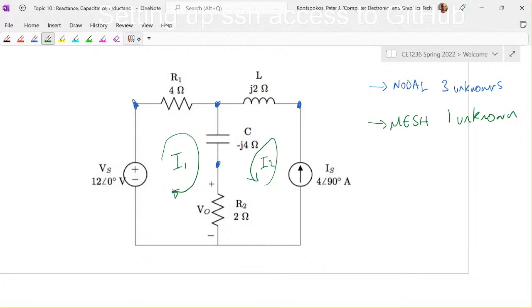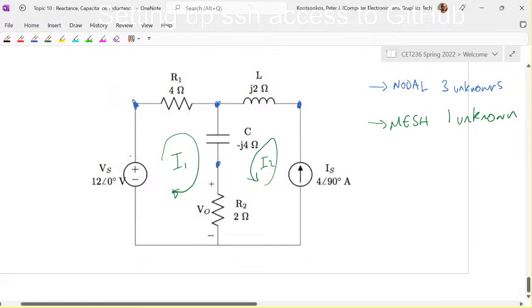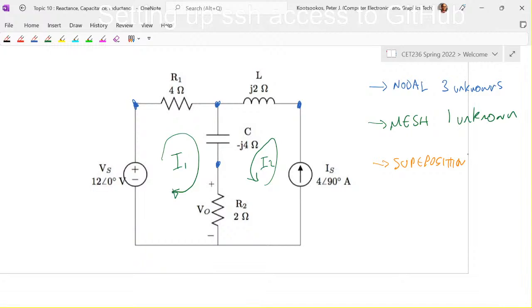So the other one I'd think about is superposition. Right? And in superposition, I get some benefit because if I replace my IS with its ideal equivalent, it just gives me one loop.